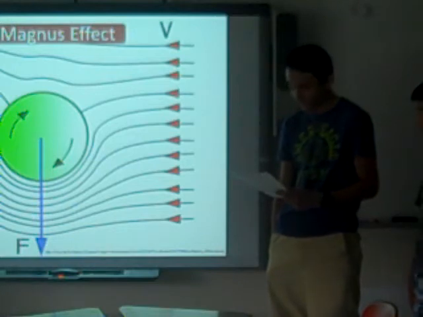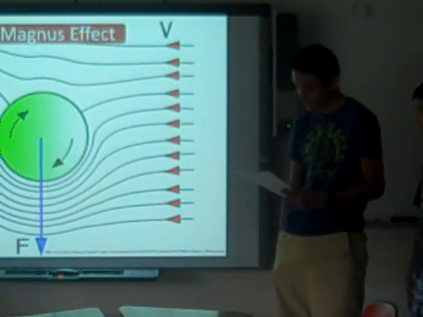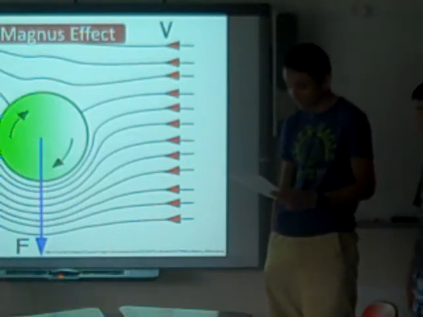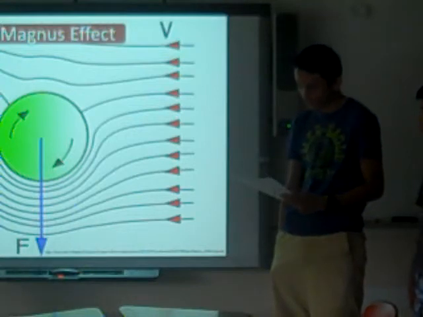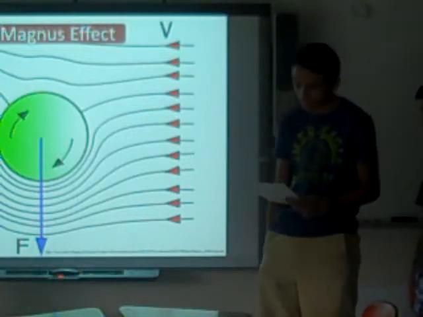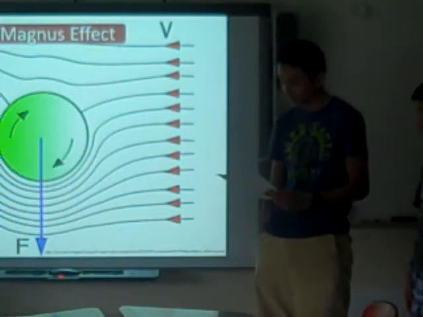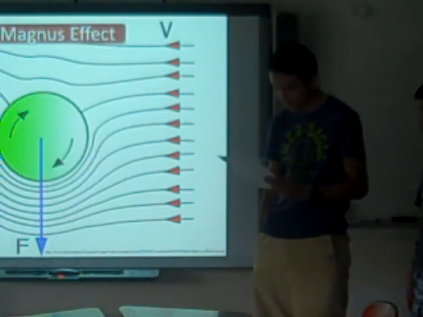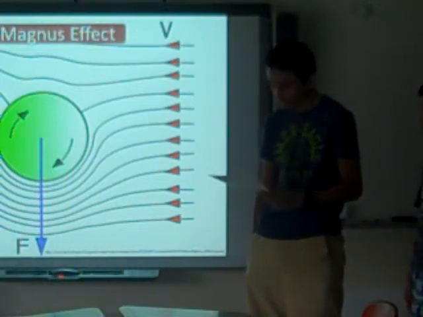This is because the ball is spinning against the airflow on the top, while on the bottom it is spinning with the air. Since the air is moving slower on top than on the bottom, pressure is higher on top. This is proved in Bernoulli's principle, that when air velocity decreases, air pressure increases, and vice versa.